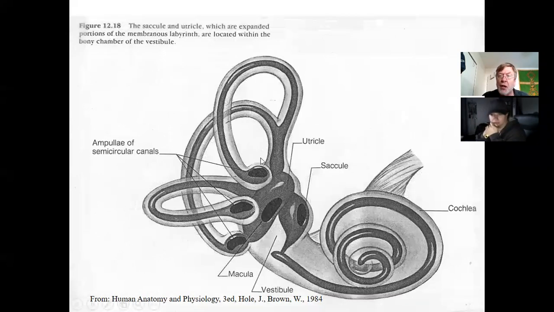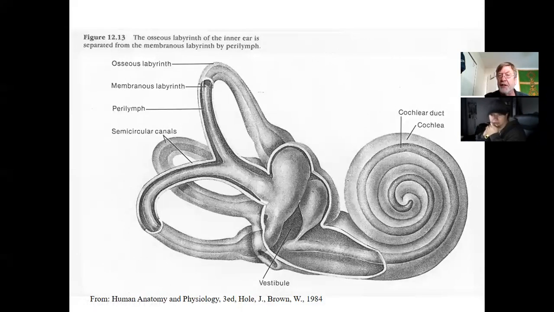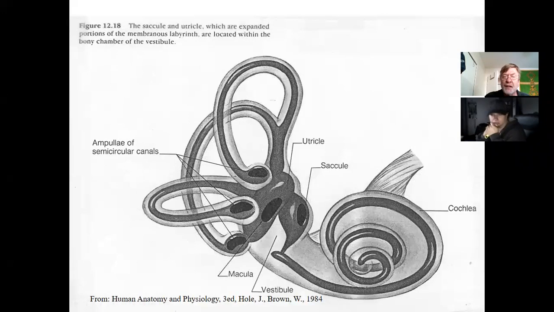Good. Membranous labyrinth, looking closer or more detailed there, you can see it's highlighting the membranous as opposed to the bony labyrinths, which is highlighted here. And then you can really see the specific hair cell regions inside of each of those.